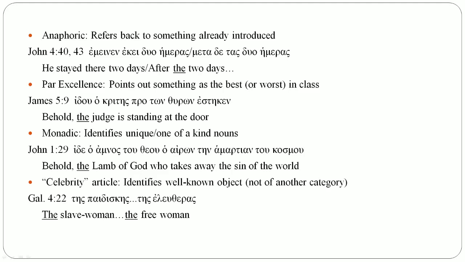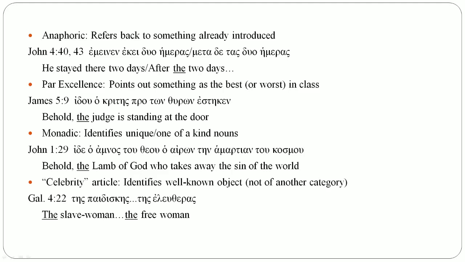Anaphoric articles refer back to something that already has been introduced, by name in the story if it's a person, or as a category. So they point back to something that we've already been introduced to.